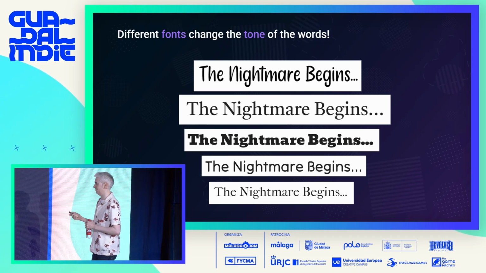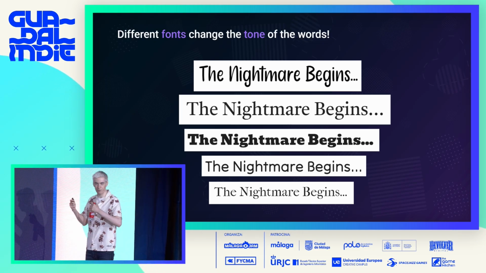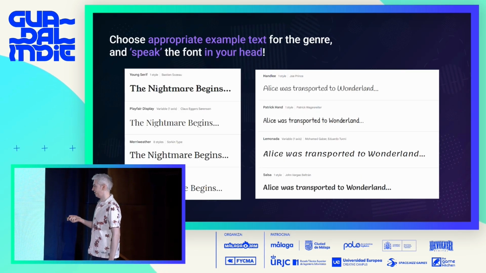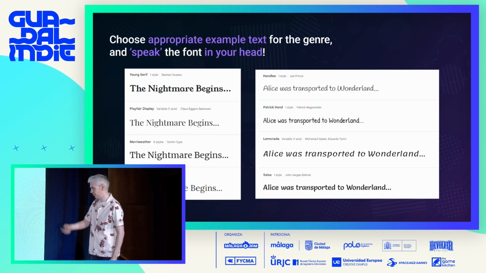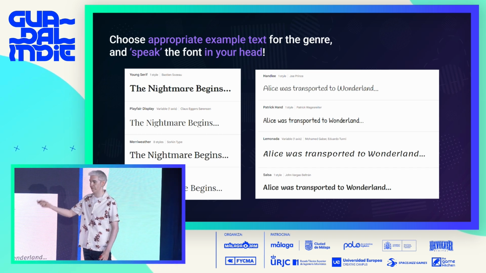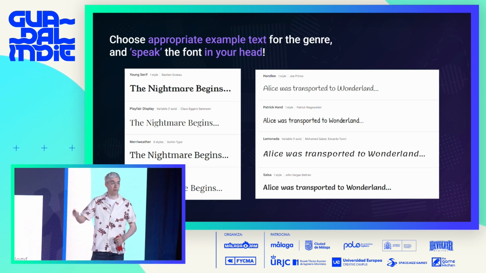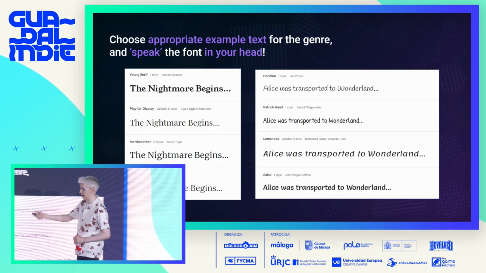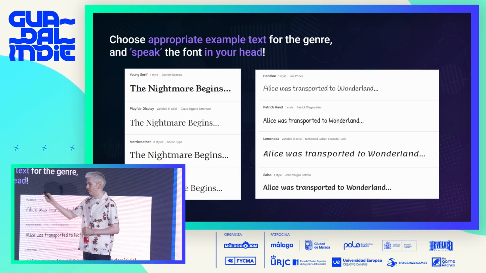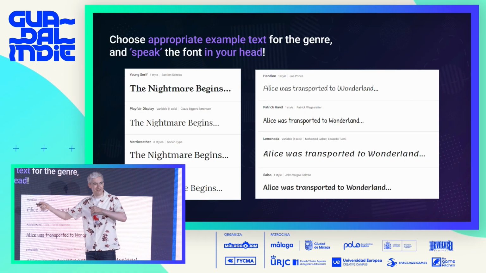You want to be using something that has a bit more spookiness to it. A really good tip that I've got for fonts is to essentially create a line of text that represents the genre that you're going for. So for example, if you're making a horror game, "The Nightmare Begins," and then in your head, read out what it would sound like in that font.